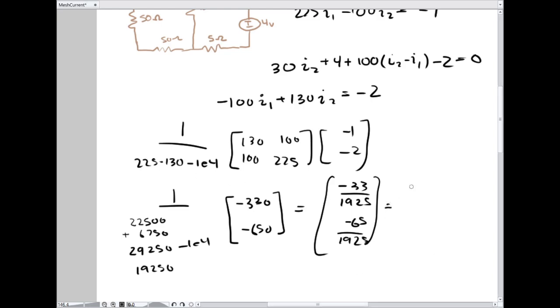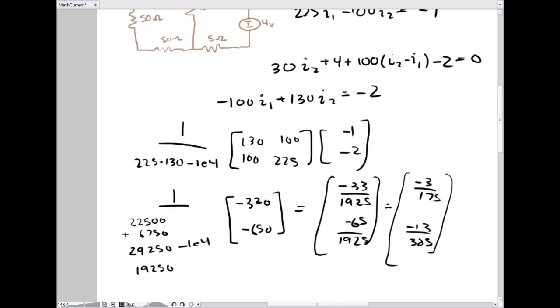So this is equal to minus 3 over 175. And this down here, 65 is 13, so minus 13 over 385.